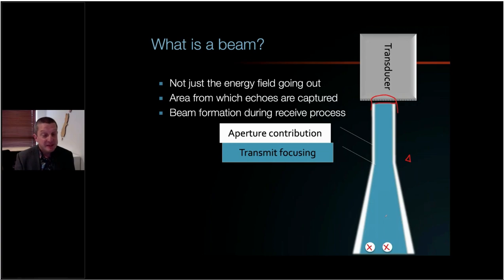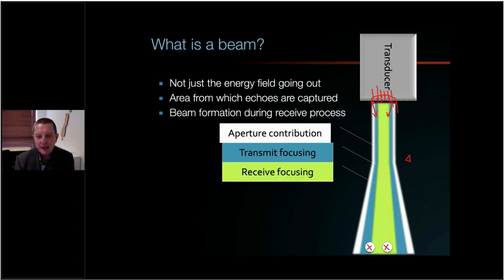Then we have transmit focusing, which uses phase array technology. All of the elements within the transducer are connected to electrical connectors, and you might have a curvature of transmitting electronic pulses within the aperture to further assist focusing. So that's transmit focusing using phase array technology, and I'm sure our previous speakers would have covered this beautifully in the preceding presentations. Now we can also do receive focusing.